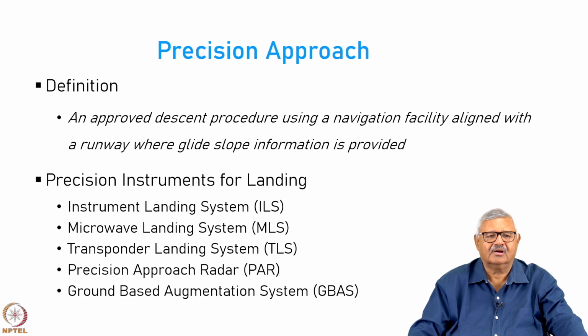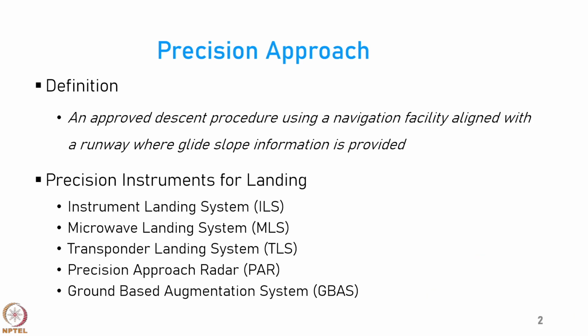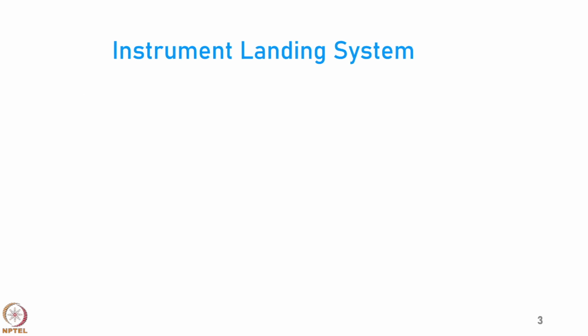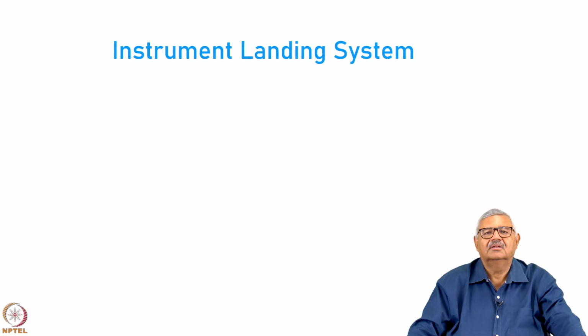All of these come under the precision instruments for landing, and we will look at all of them today one by one. To start with, let us look at the ILS, or the instrument landing system, the most commonly used system worldwide to provide precision guidance to the aircraft at landing.